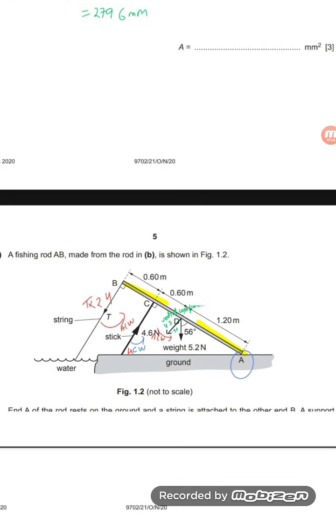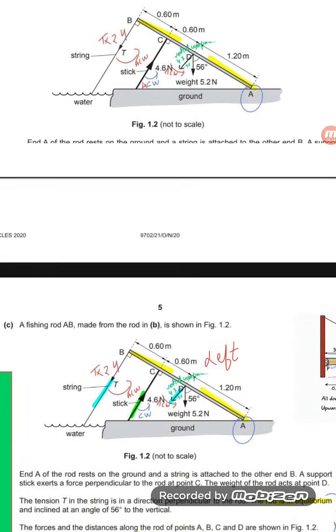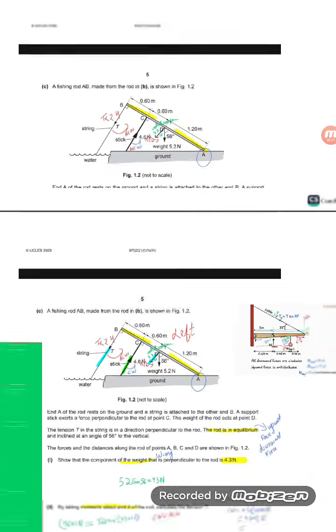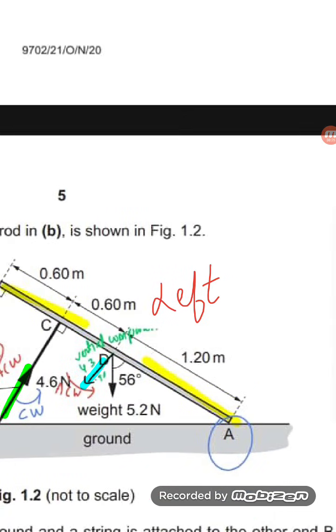Here, what will the downward force be? All the downward force will be anti-clockwise and upward force will be clockwise. So this you have to just memorize. And see here the angle is given, so you have to split the angle.